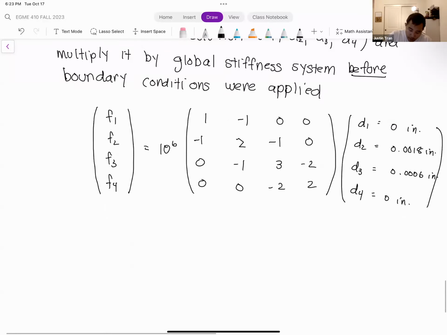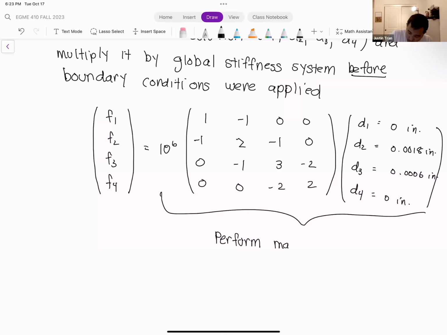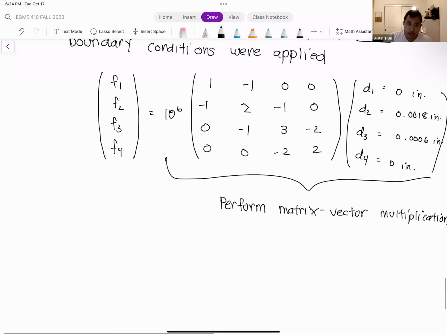And you're going to perform the matrix vector multiplication. Of course, that's a lot easier to do in MATLAB or a calculator, so definitely feel free to do that.